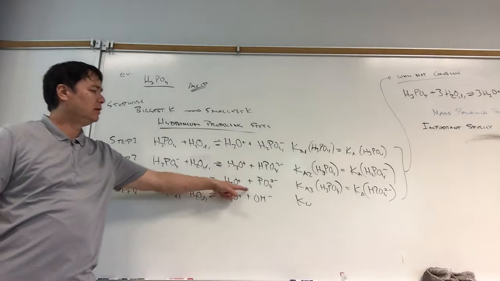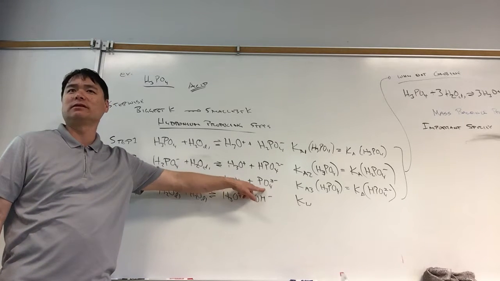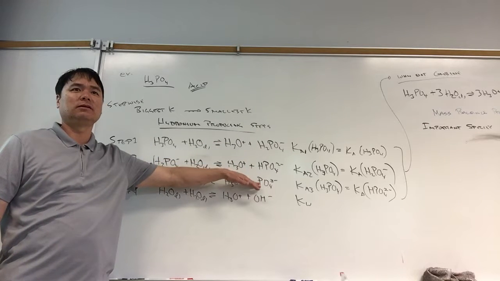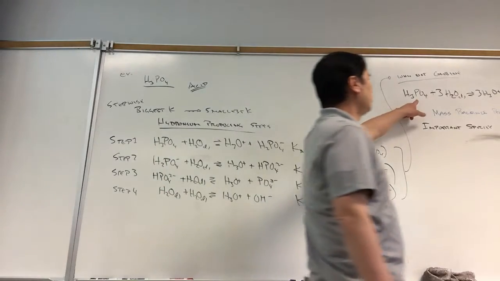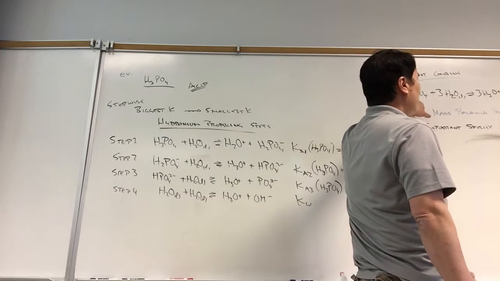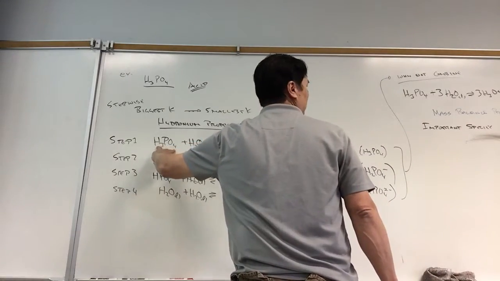That means there should be minimal phosphate present at equilibrium because it's 3 steps down. And that means that most of the phosphorus from phosphoric acid should end up staying as phosphoric acid.